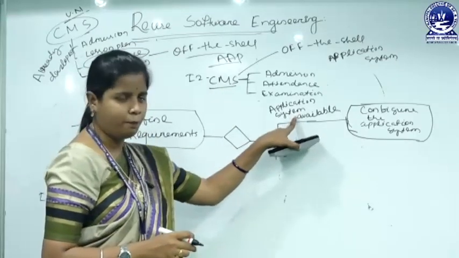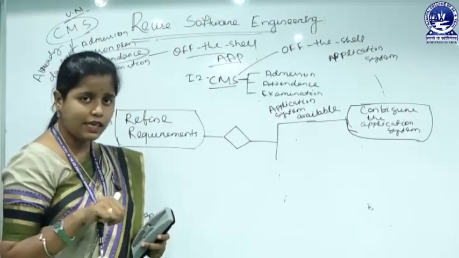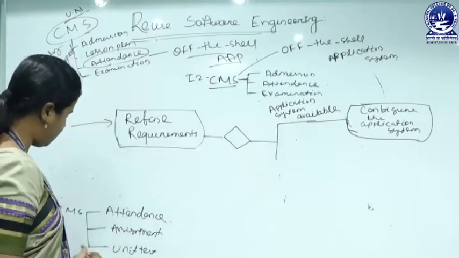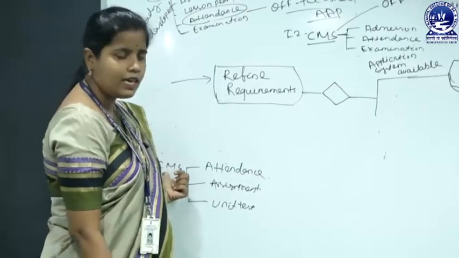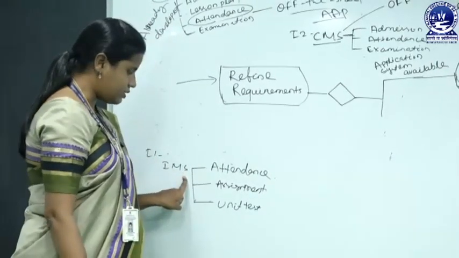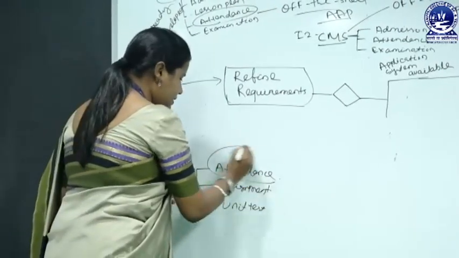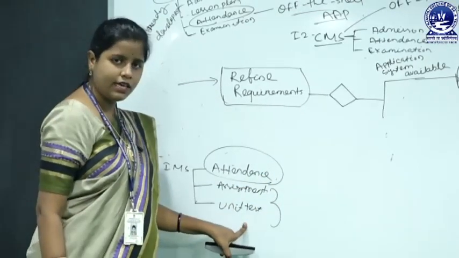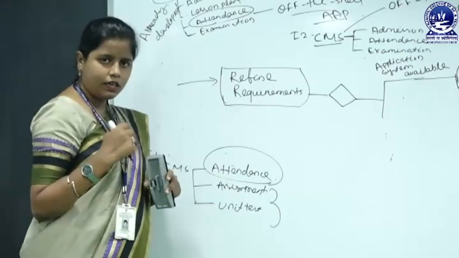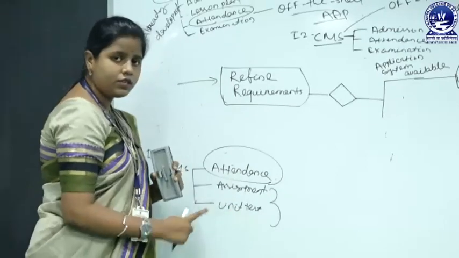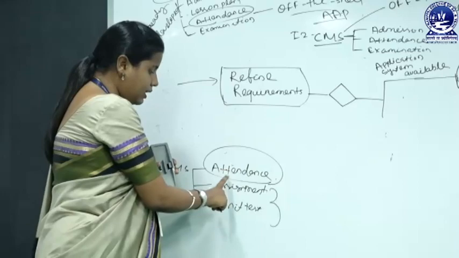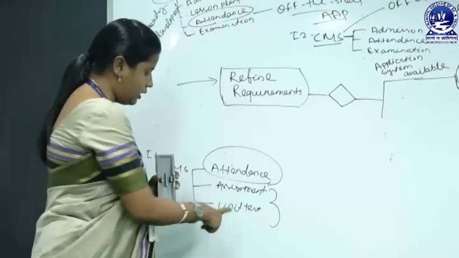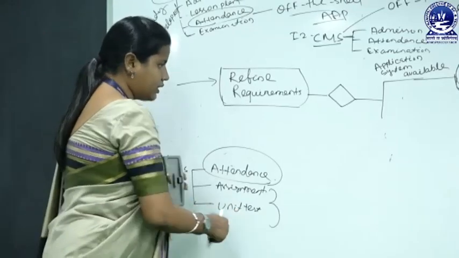So, this is what it is. And in the second case, if the application system is not available, that means for institution 1, the institution management system, only the attendance is available, and we have to write the assignment and the unit test. That means, considering these as components, only one component is available, that is attendance, and we have to develop the other two components, assignment and unit test.